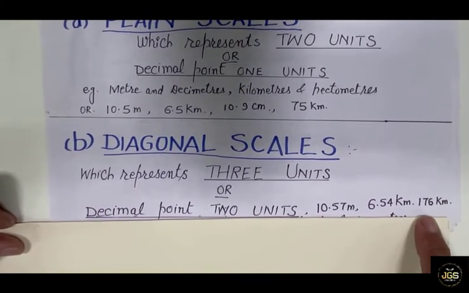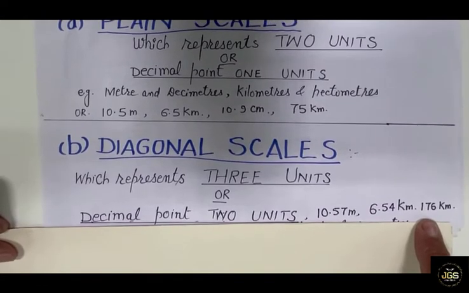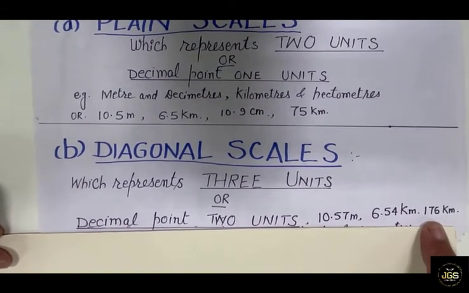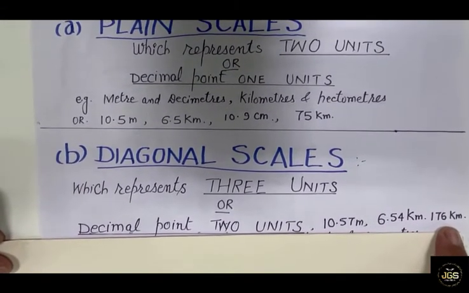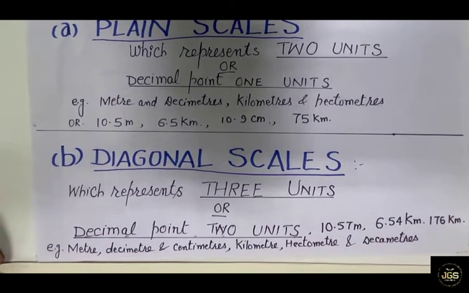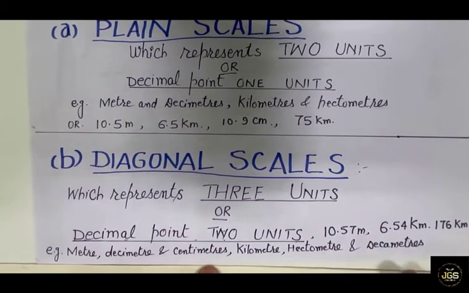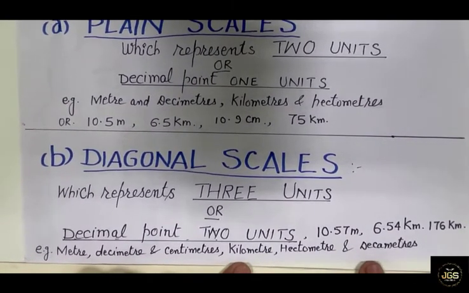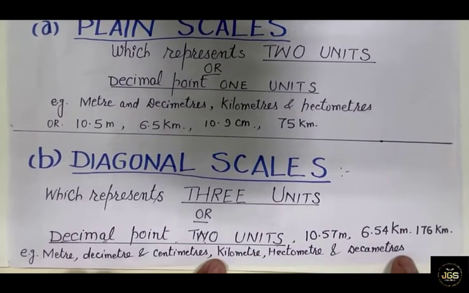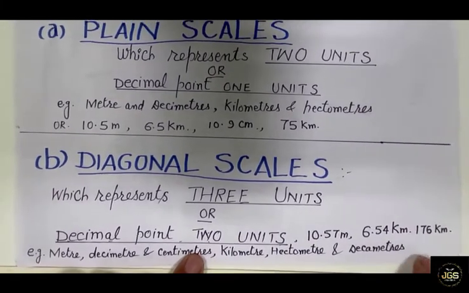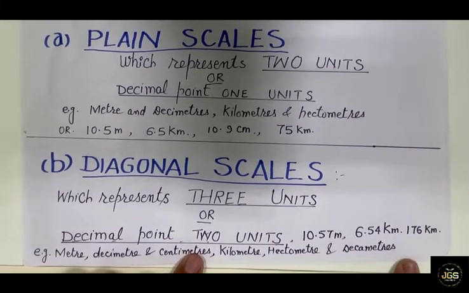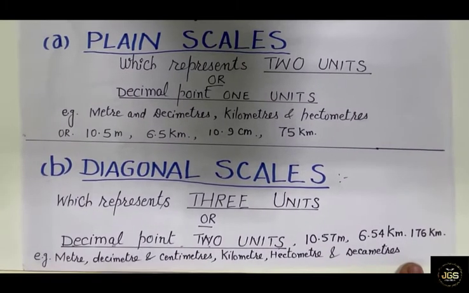It contains 100 kilometers, 7 tenths and 6 ones. So these are the 3 units. So for example, again, meter, decimeter and centimeters, kilometer, hectometer and decameters, hundreds, tenths and ones. So these are the 3 units. So according to this, we can differentiate.